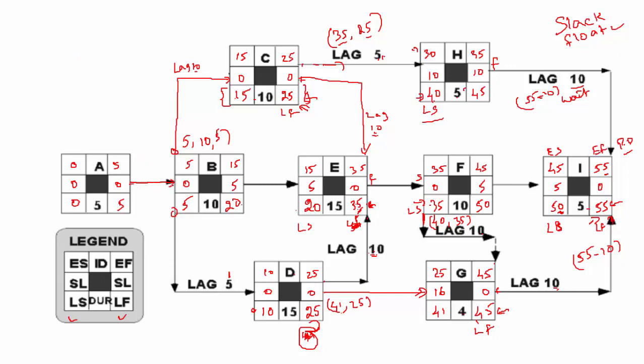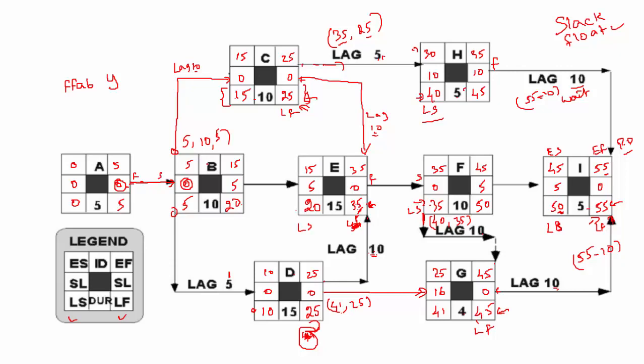The relationship between A and B is finish to start, isn't it? So they might ask, for finish to finish between activity A and B, is it critical or not? Yes, it is critical, because whenever you see 0 and 0, when you see 0 on both sides, it is critical.